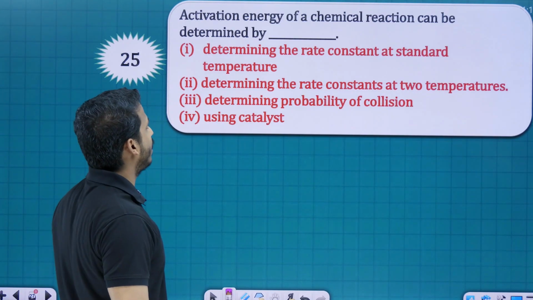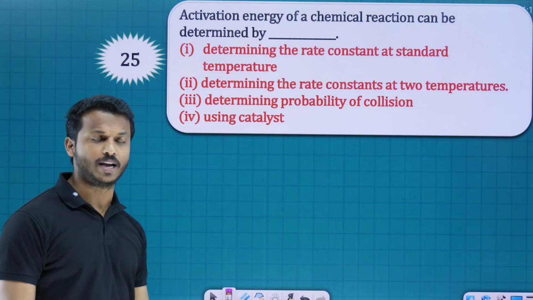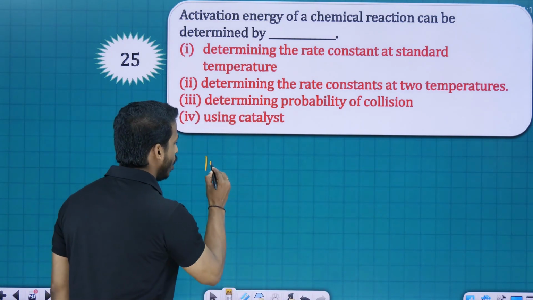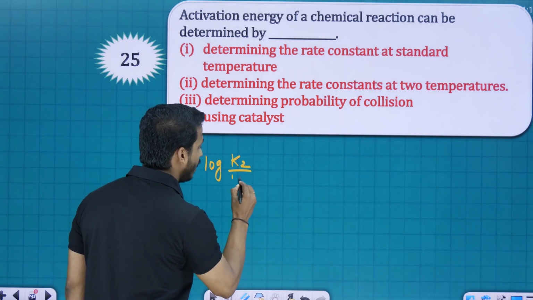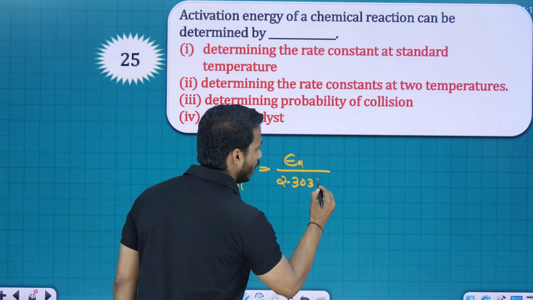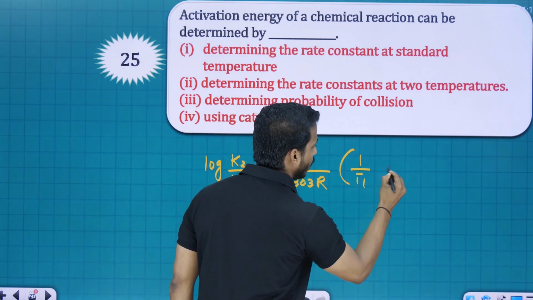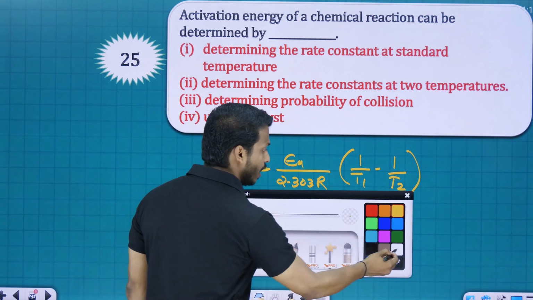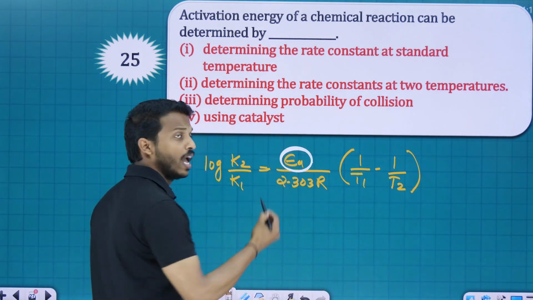Activation energy of a chemical reaction can be determined by. We studied there is an equation from Arrhenius theory, that is log K2 by K1 equal to Ea by 2.303 R into 1 by T1 minus 1 by T2. This is the equation we are using to calculate the value of what?